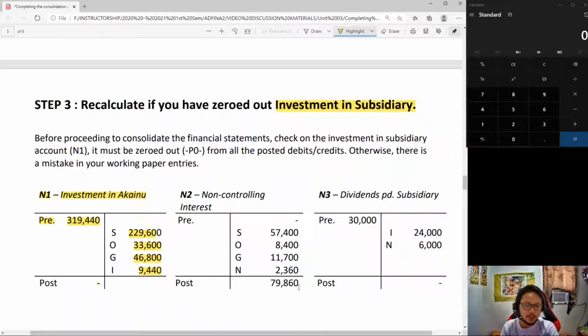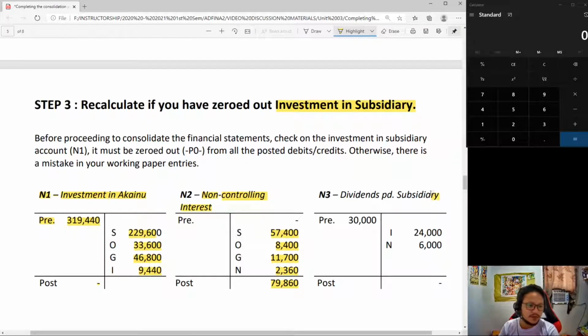Non-controlling interest will also have this balance if you are following the working paper format. But I will be creating another video for non-controlling interest computation if you are looking for a direct calculation of that. Pero for now, you can compute NCI actually using the given. Well, actually, pwede natin makompute ang NCI using the working paper entries as follows. Pero, there is another way of doing this and I will be making a video for that.